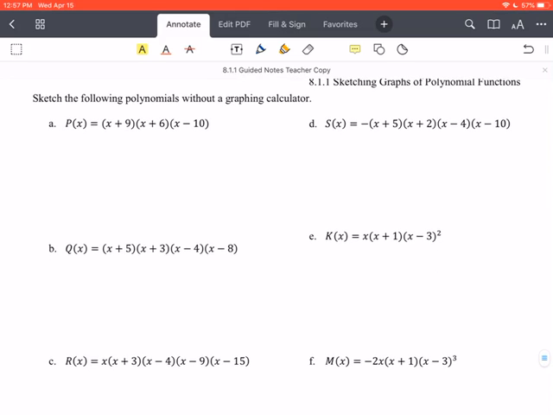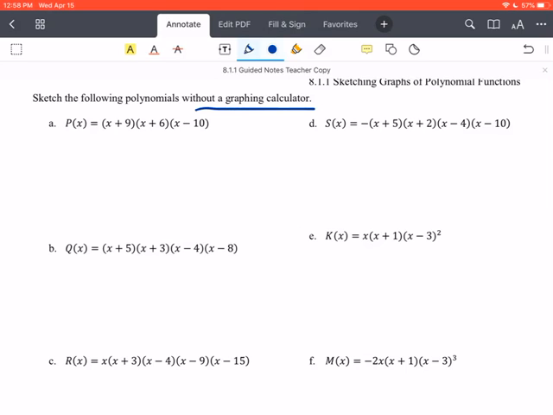So now what we're going to try to do, this is kind of the main point of 8.11, is we are going to use the concepts we just came up with to try to sketch graphs of these without a graphing calculator. Now the scale that we draw on the y-axis is not going to be to scale when we view the graph, and I'll explain that here in a second.